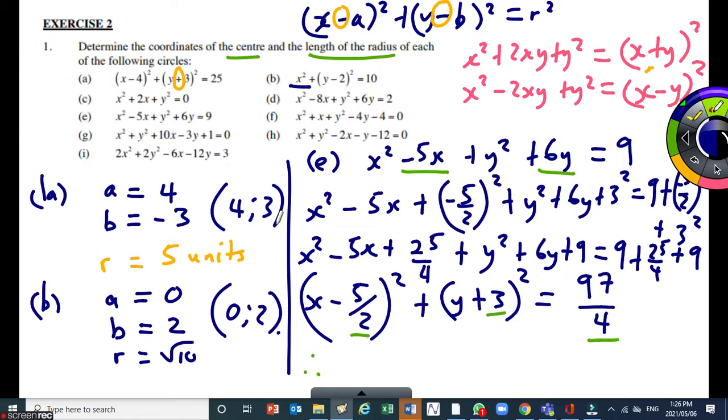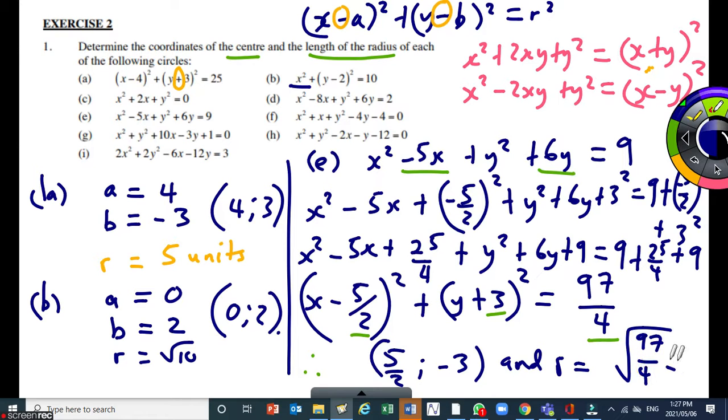Okay, so I'm going to write it like that. Since there's a minus here, I'll write my x coordinate, which is going to be a, as 5 over 2. The y is going to be negative 3. And my r is going to be the square root of 97 over 4, which I can write as square root of 97 over 2.